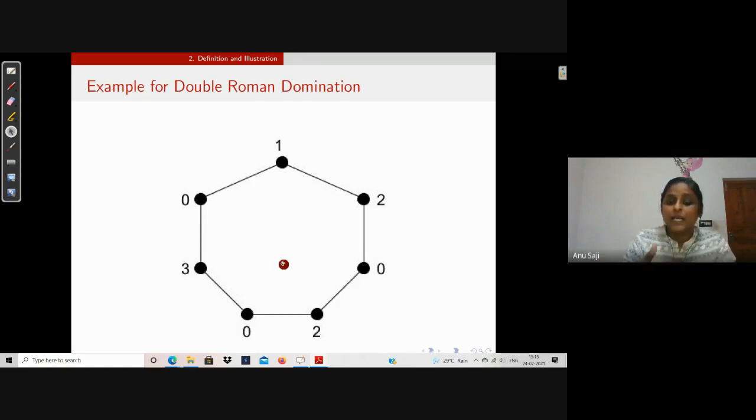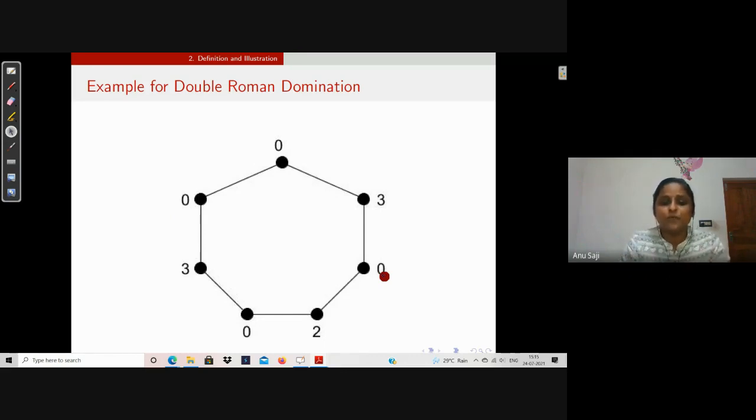We can reassign the values in such a way that the value 1 is not used. How is it possible? We can reassign this value as 0 and reassign this value as 3. In this case also, each vertex with the value 0 is adjacent to at least one vertex with the value 3. So our condition is satisfied.